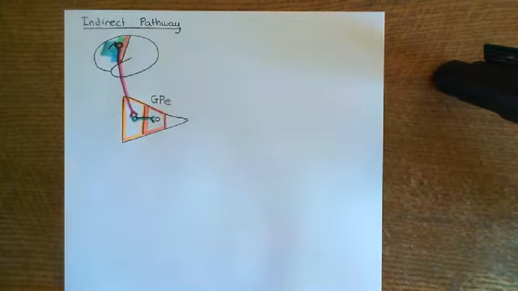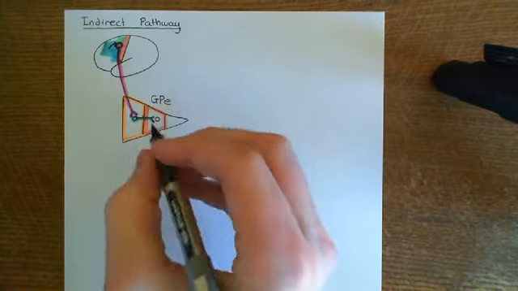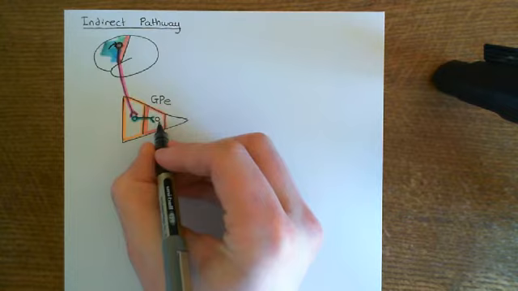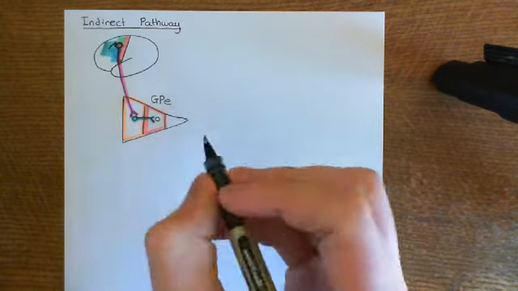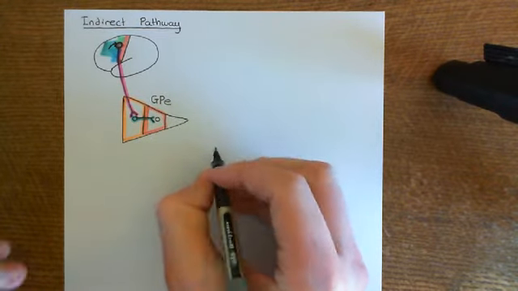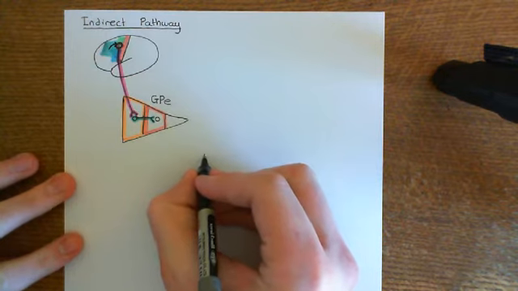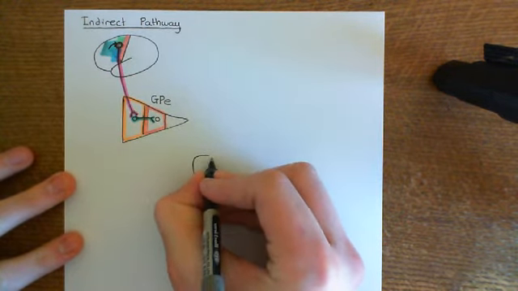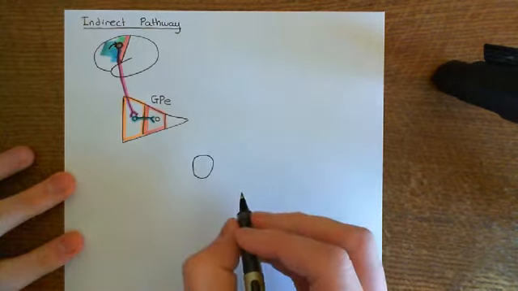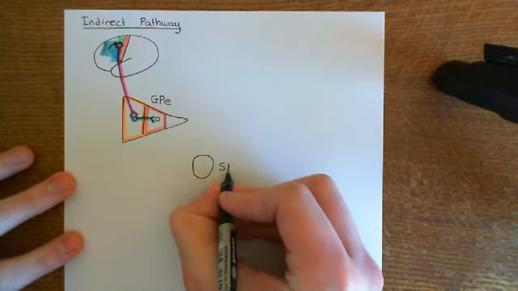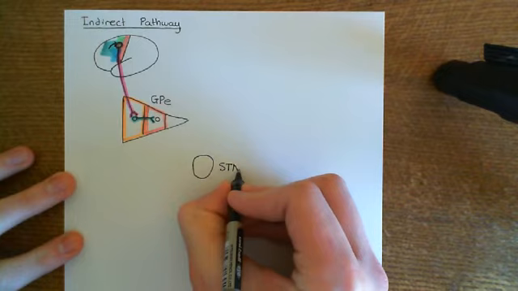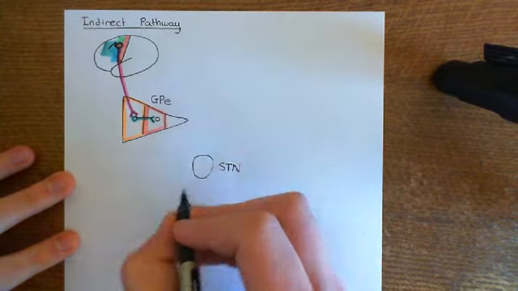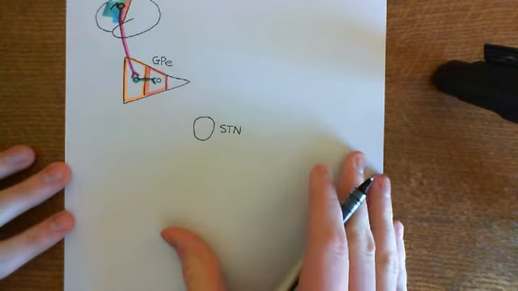Now, the neurons of the external globus pallidus are themselves inhibitory, and they're going to be innervating the subthalamic nuclei, which we haven't previously shown on this picture, so I'll put the subthalamic nuclei here. We're only going to need the left subthalamic nucleus, because remember we're studying everything on the left hand side. So here is the left subthalamic nucleus, the STN.